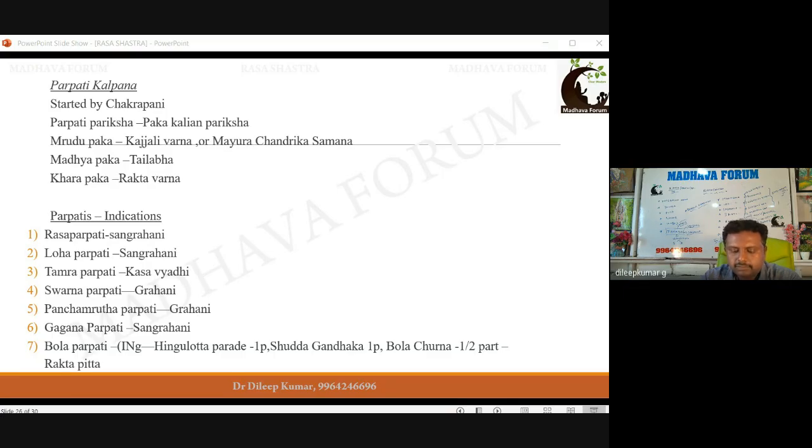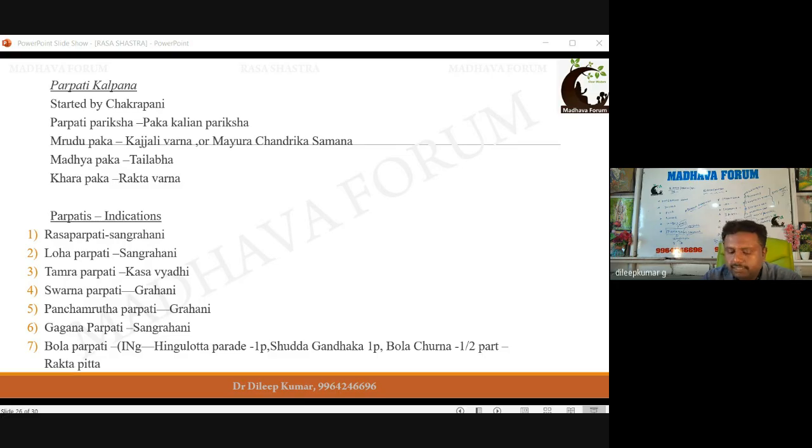Now the Paka Paschat Lakshanas. Once Parpati is completely prepared, how do you know whether it is Mrudu, Madhyama or Kara Parpati? Mrudu Parpati will not cut easily, like a green stick fracture that happens in children, where bones do not cut with sharp edges but bend, or give remnants after cutting.